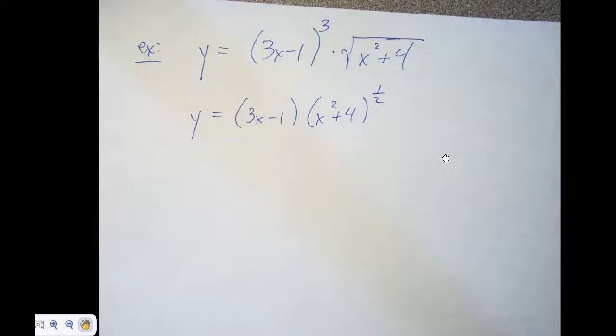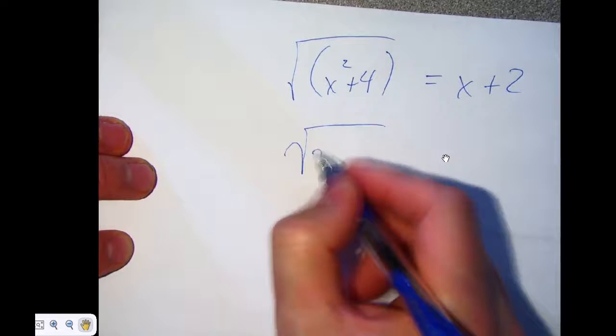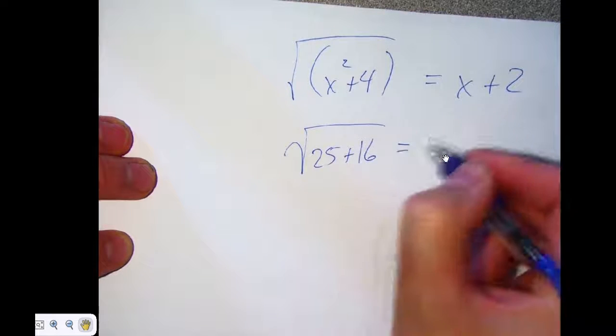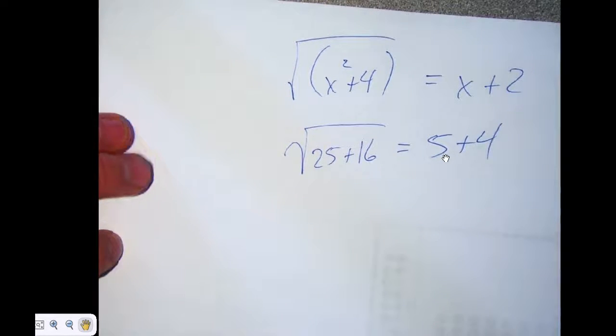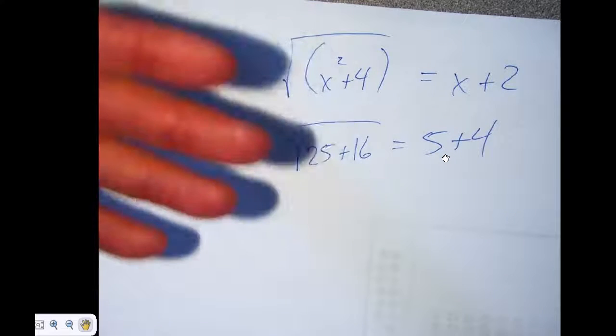Is it true that the square root of x squared plus 4 is x plus 2? If the square root of x squared plus 4 is x plus 2, that would mean that the square root of 25 plus 16 is 5 plus 4. See how that logic is the same?